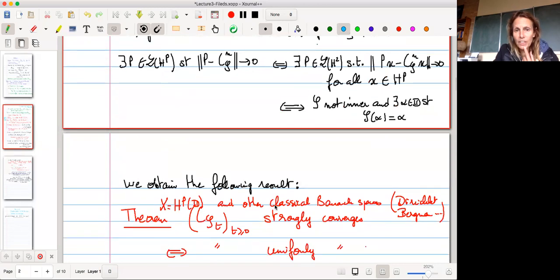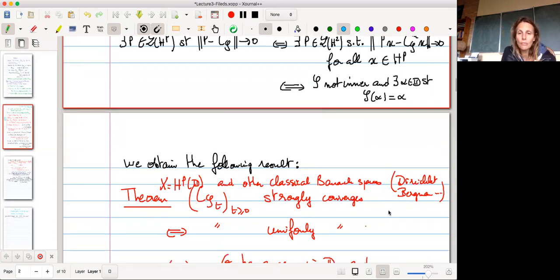So from this, we obtain the following result concerning semigroups. We take the Hardy space, but what I mention is true for other classical Banach spaces, such as the Dirichlet space and Bergman spaces. In fact, the semigroup strongly converges to a projection of rank 1 if and only if the same is true for the norm.